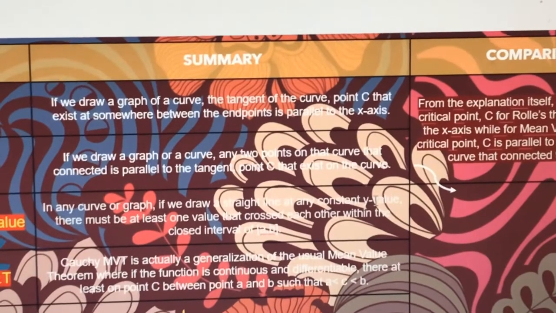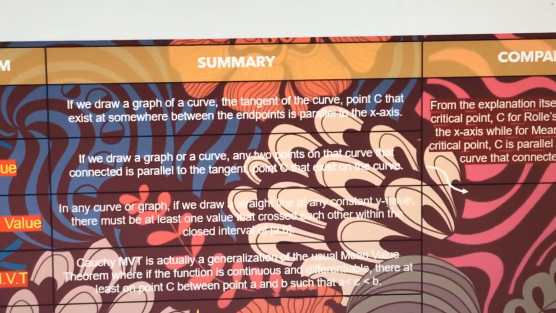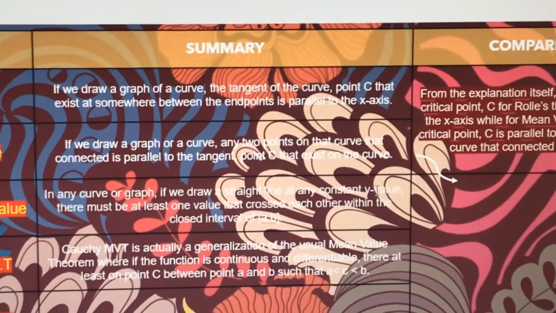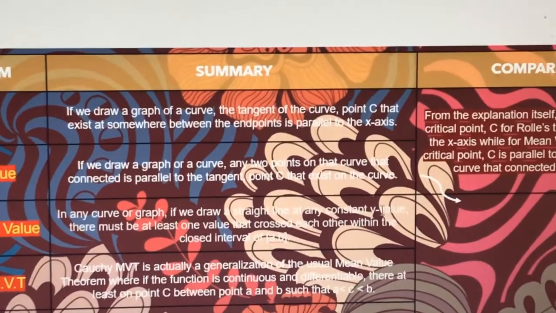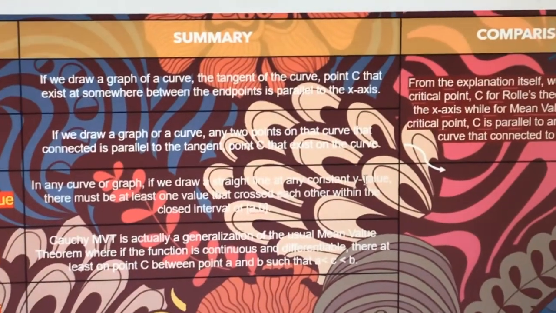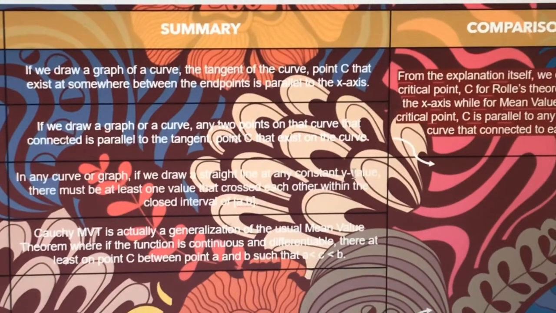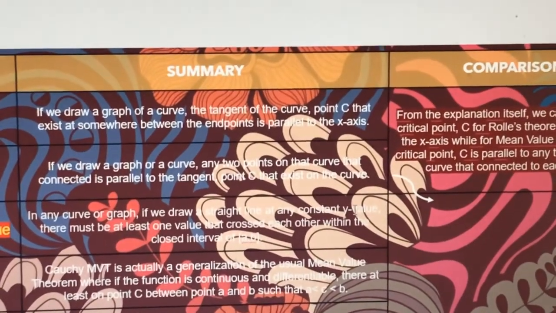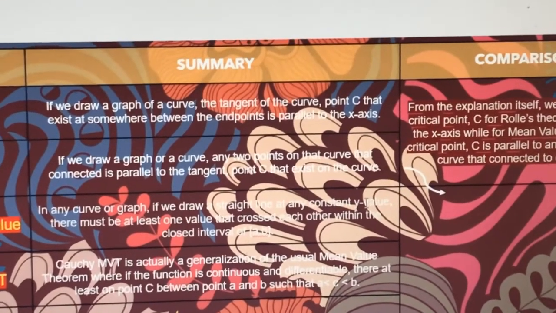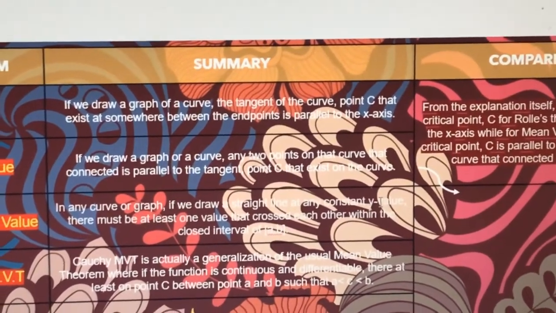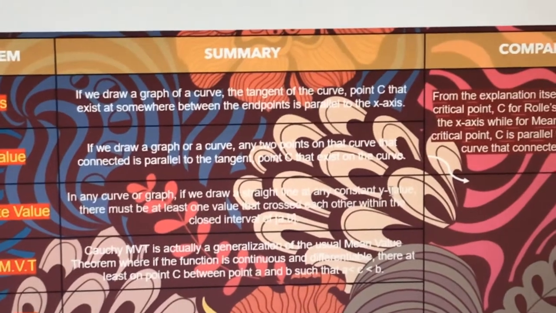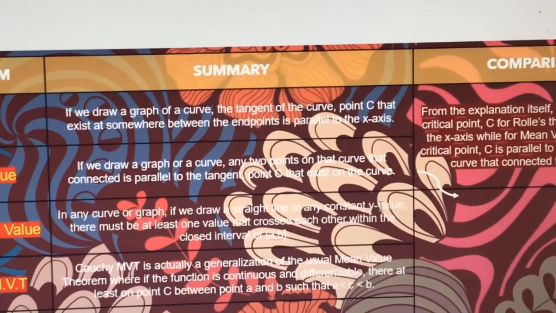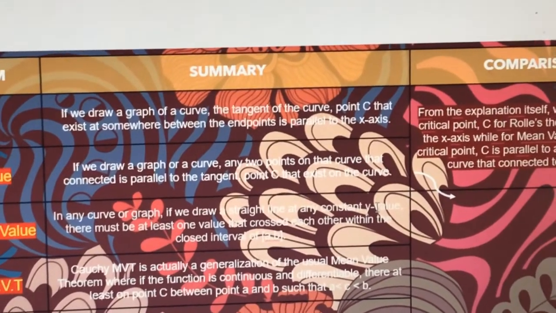Second, for the mean value theorem, if we draw a graph of a curve, the line connecting any 2 points on that curve is parallel to the tangent at point c that exists on the curve. Since this is a little bit confusing, maybe I can draw the graph and show you how to differentiate between these two theorems.